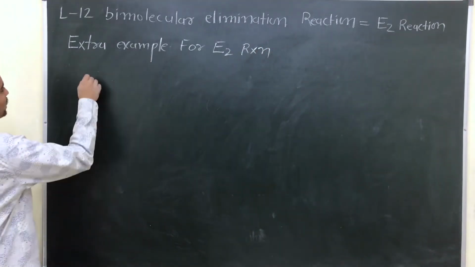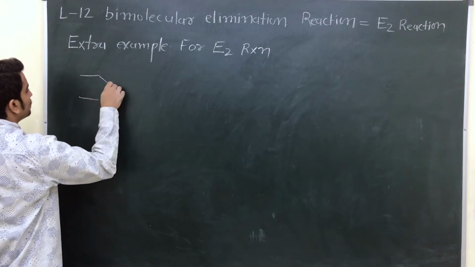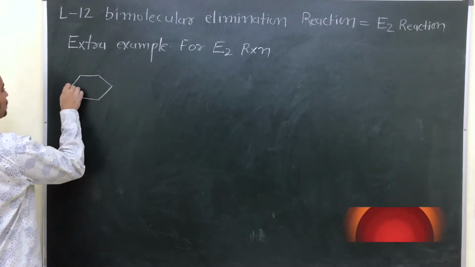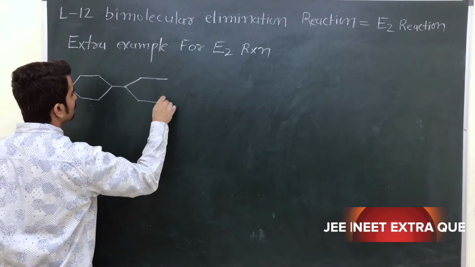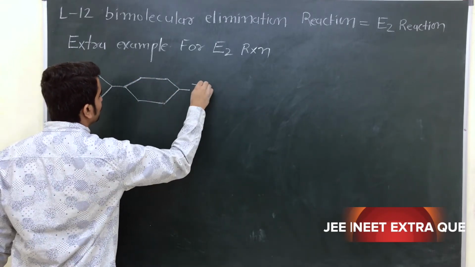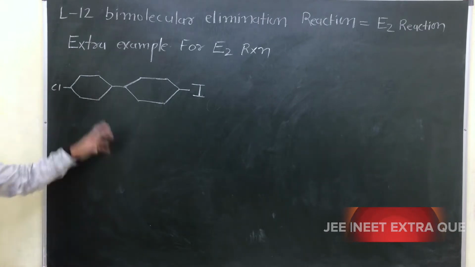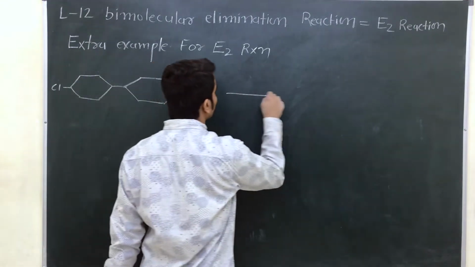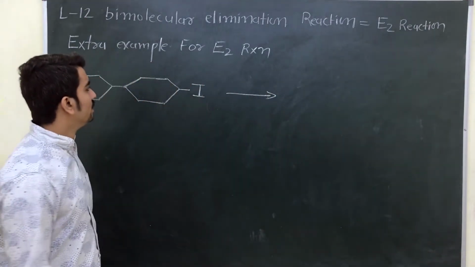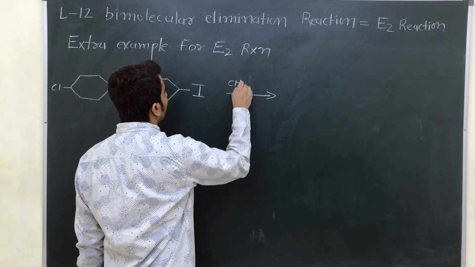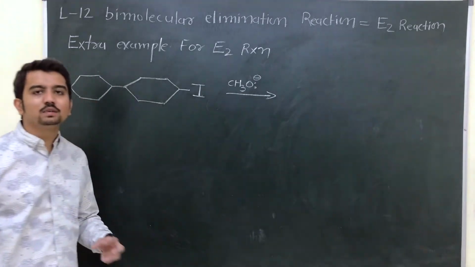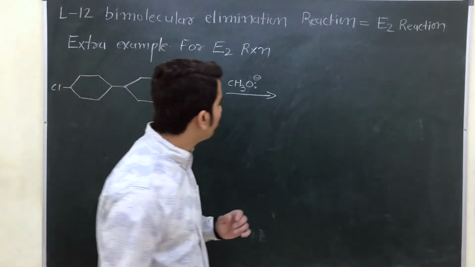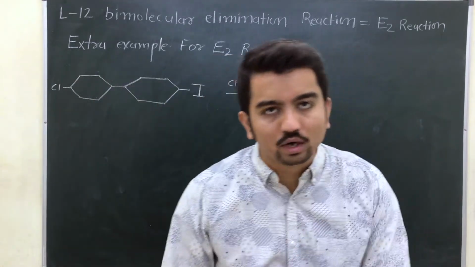Suppose you are given this type of compound, right? Don't need to write your name. And there is a nucleophile CH3O- which is reacting as a base. Now you have to find out the product.